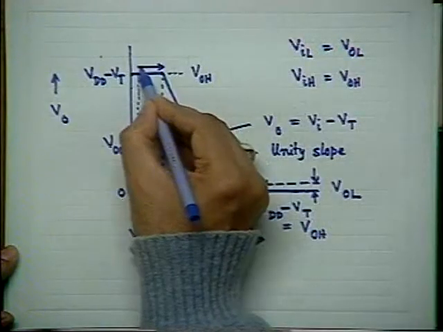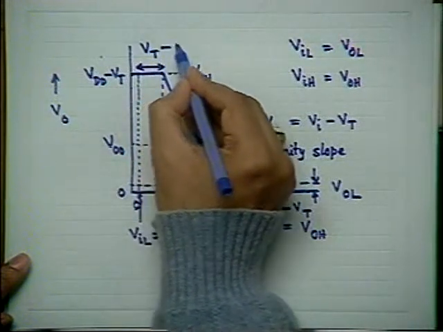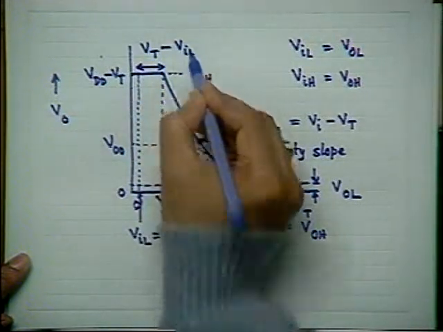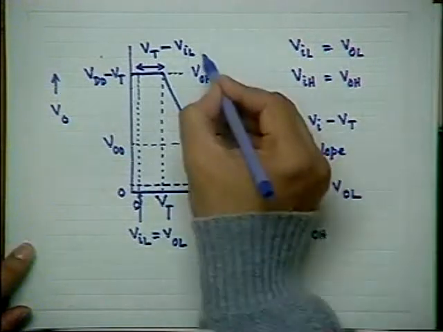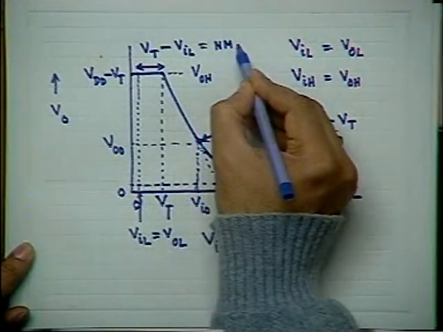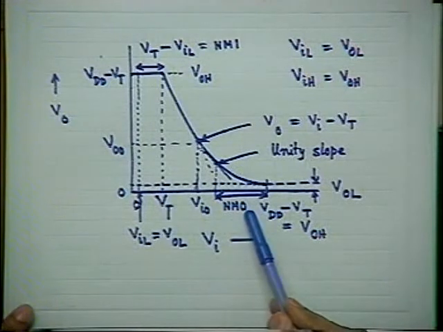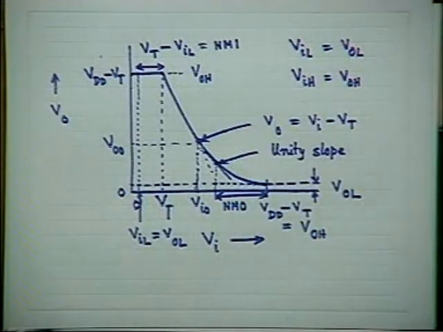Actually, the noise margin is simply this, which is Vt minus VIL or VOL. That is your noise margin in the one state. In the NM0 state and one state. Output one state.